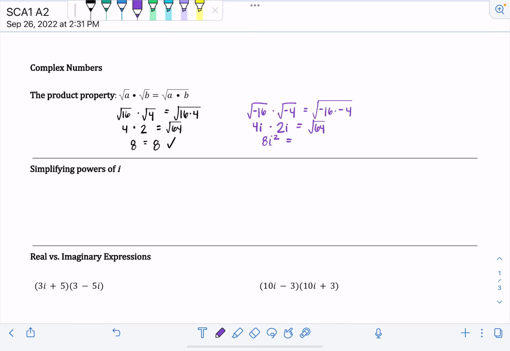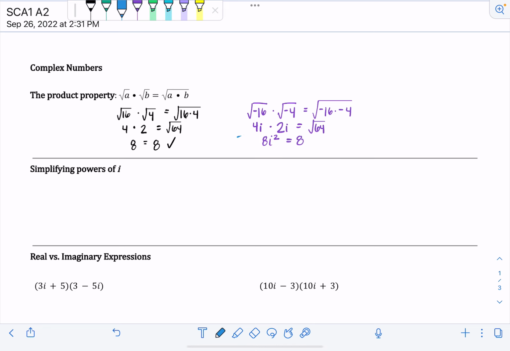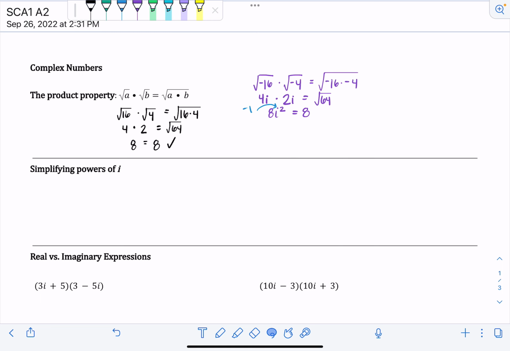Over here, the square root of 64 is 8, but we know that i squared is the same thing as negative 1. So whenever we see an i squared inside an equation or expression, we should replace it with negative 1. So this becomes 8 times negative 1, and this 8 stays the same. 8 times negative 1 is negative 8, and that doesn't equal 8.